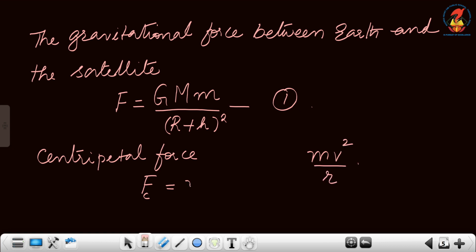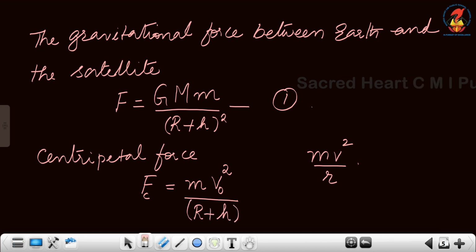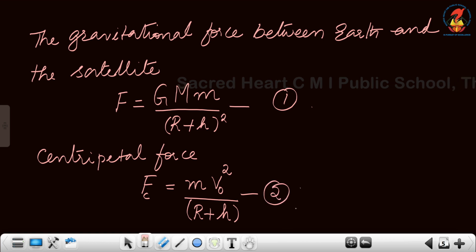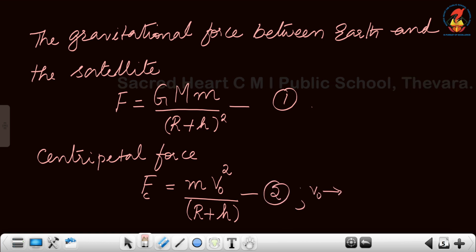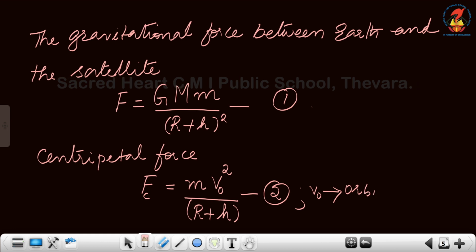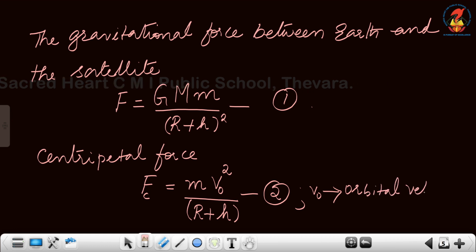So in our case it is m v0 square divided by r plus h. This is equation 2, where v0 is the orbital velocity of the satellite.